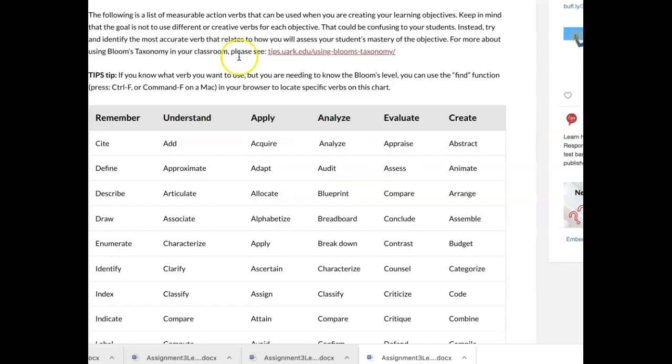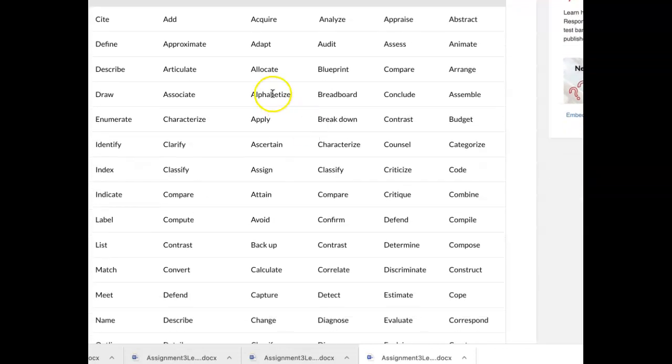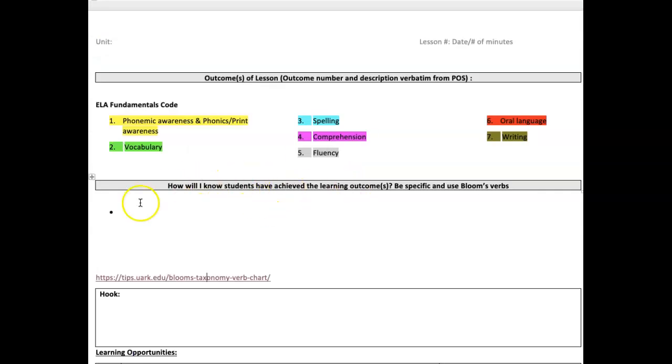Put in one of these verbs and it will work, because if you don't, it's too general or you can't actually assess it. So if you say students will alphabetize the vocabulary words in partners, can you actually picture what the students are doing? Yeah, they're in partners, they're alphabetizing the vocabulary words from the day. Boom. That's a great point to put in here. How will I know students have achieved the learning outcome?